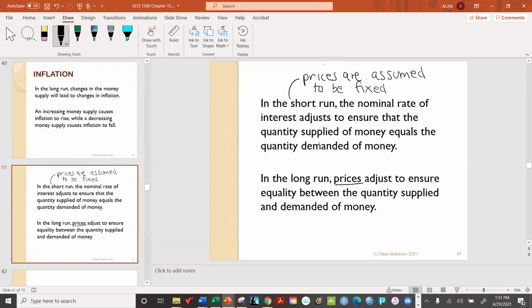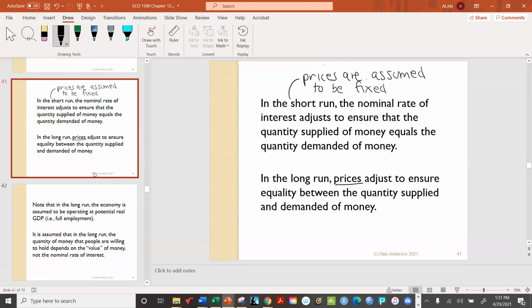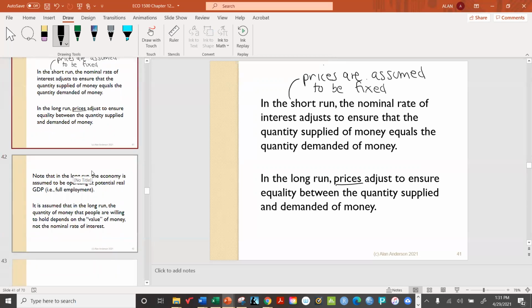Okay, so now in the framework we're about to develop, we're going to assume that in the long run, the economy will adjust itself until it finally reaches full employment. In other words, we're reaching that potential real GDP where all cyclical unemployment is gone.